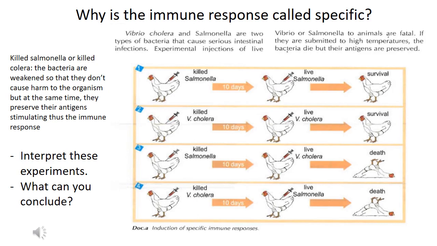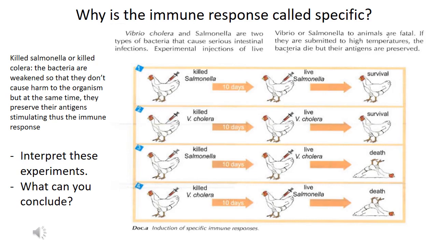If these two bacteria are submitted to high temperatures, then the bacteria die, yes, but their antigens are preserved. What does that mean? When we expose Vibrio cholera bacteria or Salmonella bacteria to high temperature, they are killed. Killed Salmonella or killed cholera bacteria are now weakened, which means they don't cause harm anymore to the organism, but at the same time, they preserve the antigens they have on their surface.